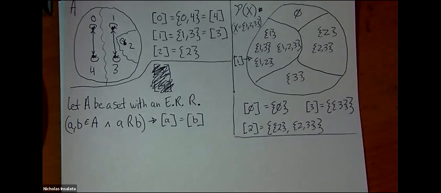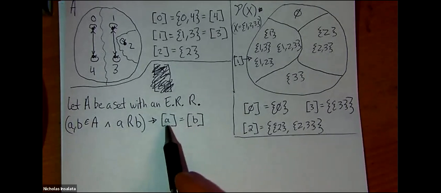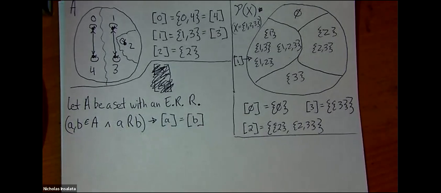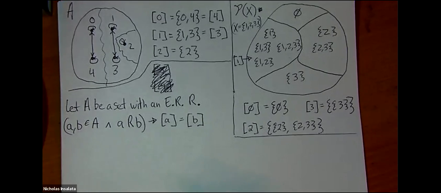They're sets. Good. So if we want to show that two sets are equal to each other, how do we do that? Pick an arbitrary element of one and then prove that it is an element of the other.